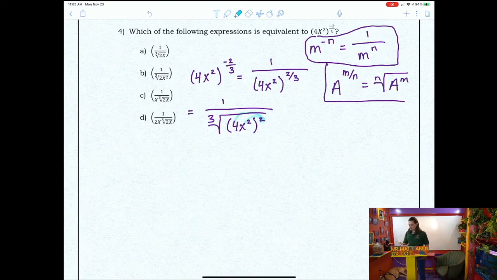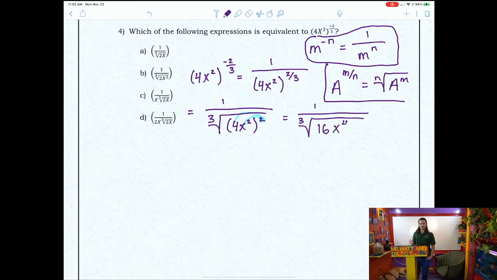So now this is going to turn into 1 over the 3rd root of 16 times x to the 4th power. 4 squared is 16. x squared raised to the 2nd power is x to the 2 times 2 power, which is x to the 4th power.